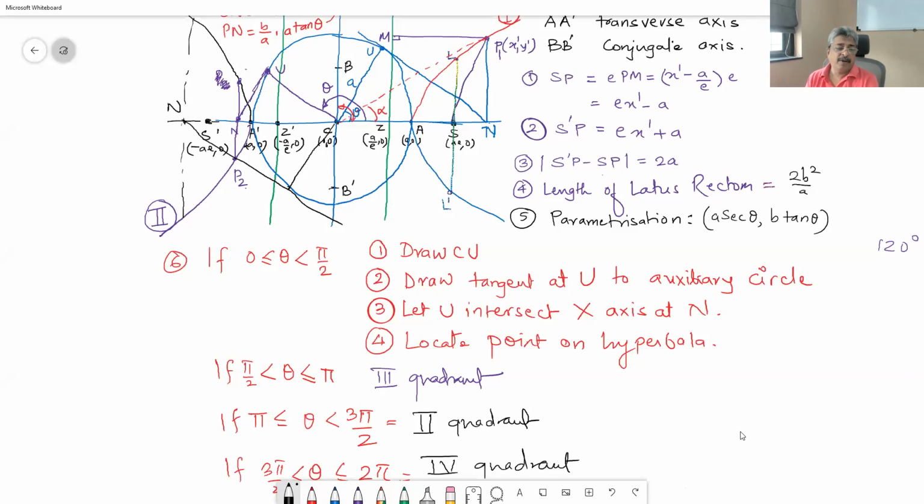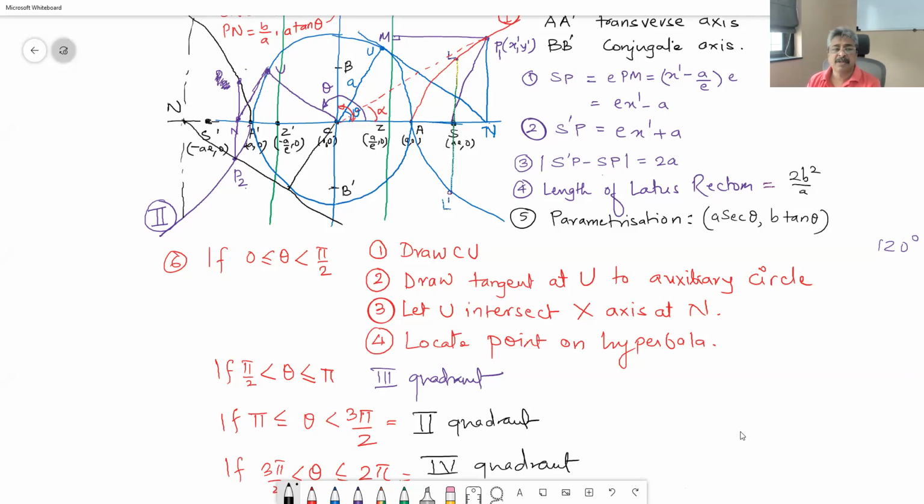Okay, so if pi by 2 is less than theta is less than pi, the arm in the third quadrant will be traced by the hyperbola. If the angle is between pi and 3 pi by 2, the arm in the second quadrant will be traced. And if the angle is between 3 pi by 2 and 2 pi, the arm in the fourth quadrant will be traced.